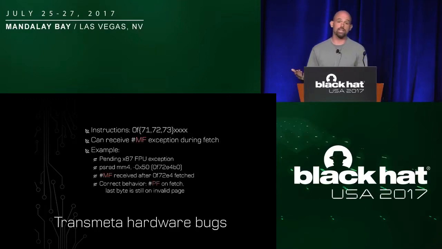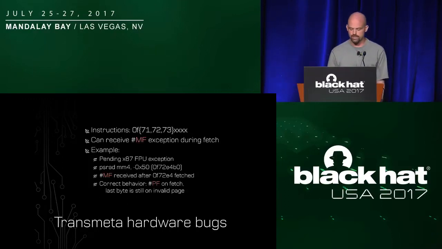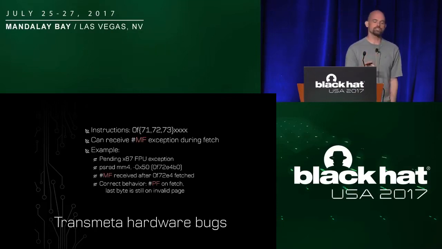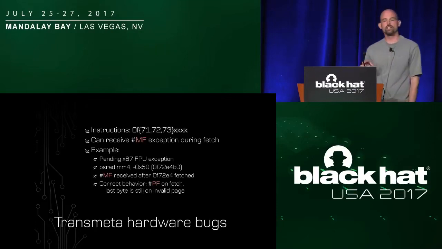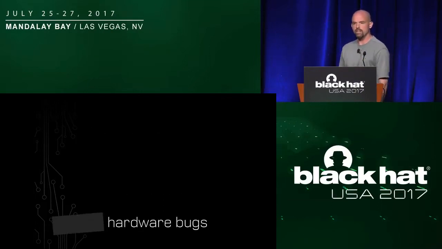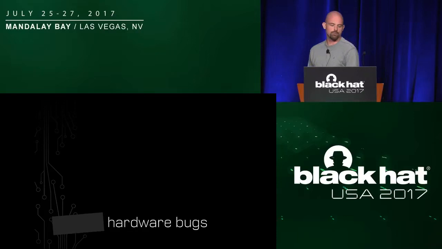That's also not the correct behavior. The correct behavior here is to get a page fault during the instruction fetch. So again, very, very minor errata that you would never see in any normal situation, but it's still a bug in hardware.